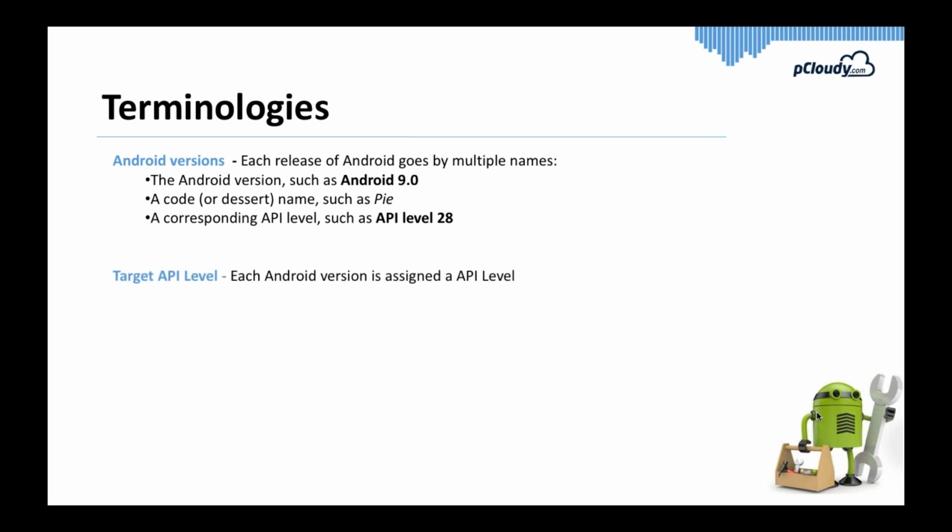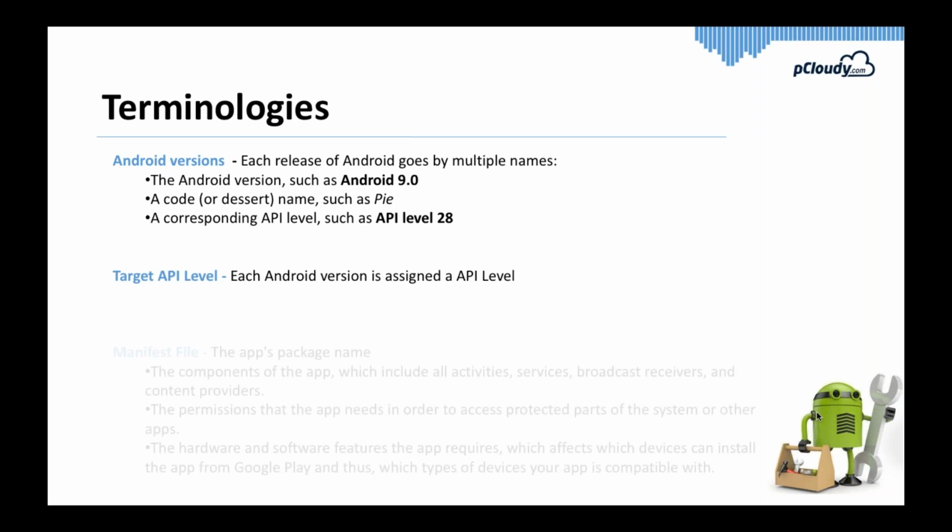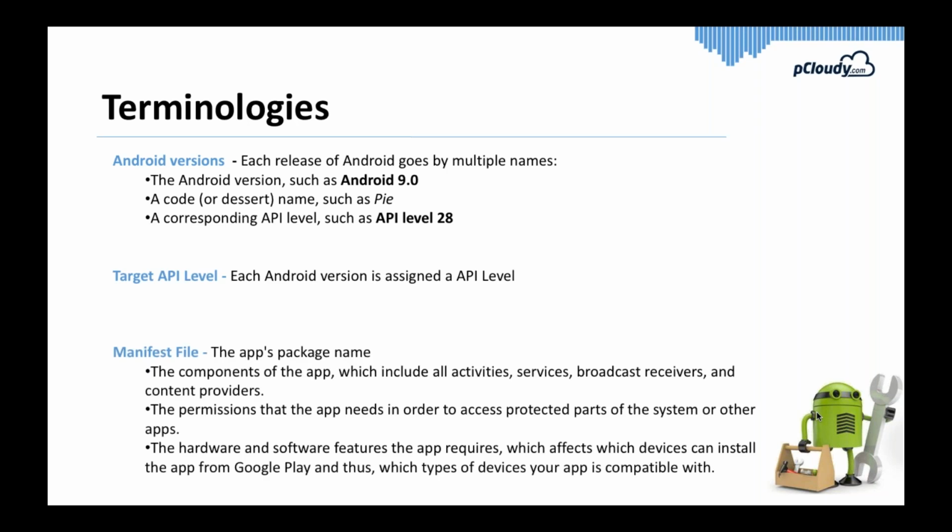And as I said, target API level is assigned to each Android version here. Then one other important terminology to understand is the manifest file, which is part of the app package, and at a very high level it consists of three things.